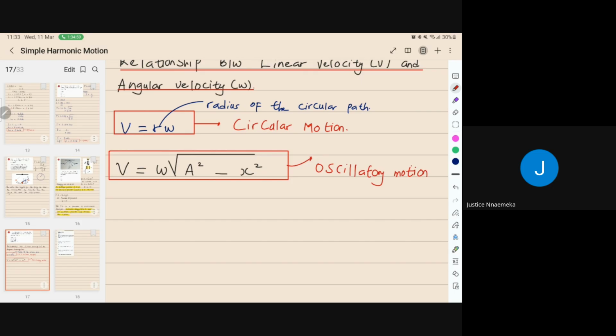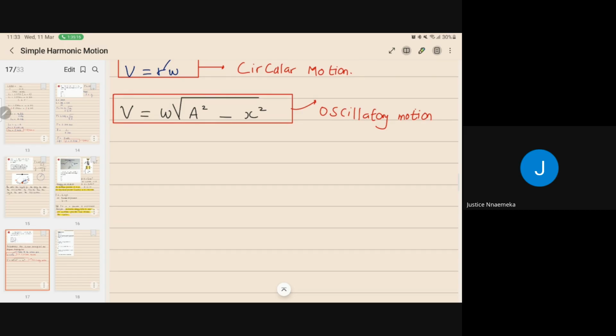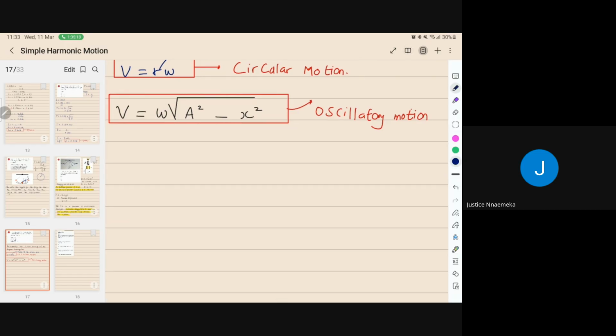So now we have oscillatory motion right here. A is the maximum displacement, right? And this is x. Now, at x equal to 0, that means at equilibrium position. Take note, x equals 0 means no displacement.